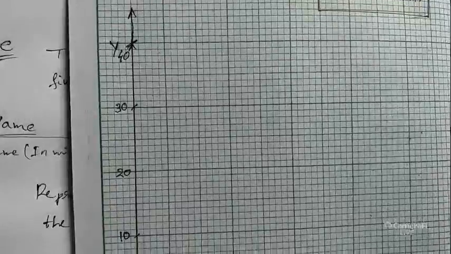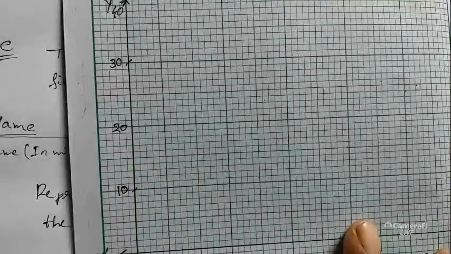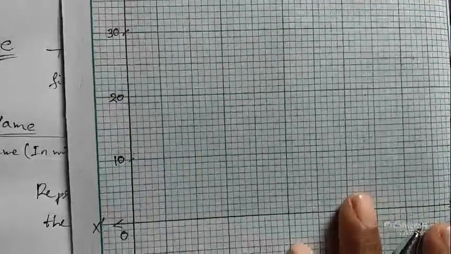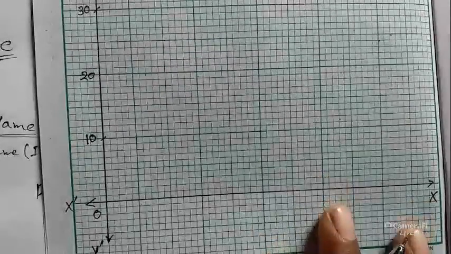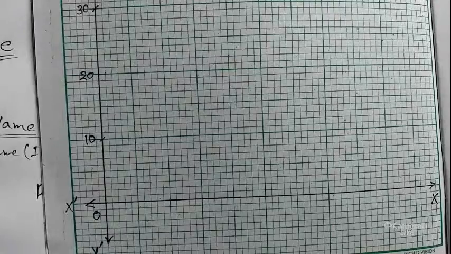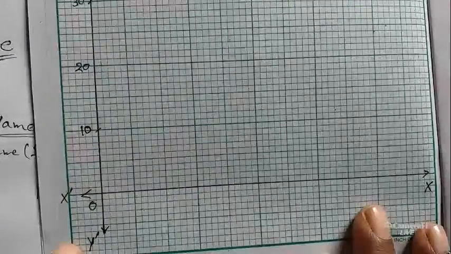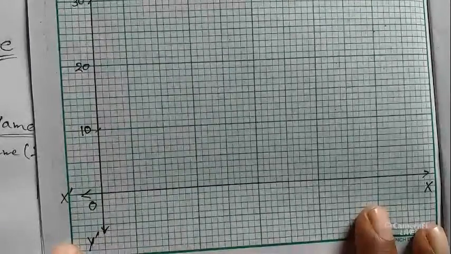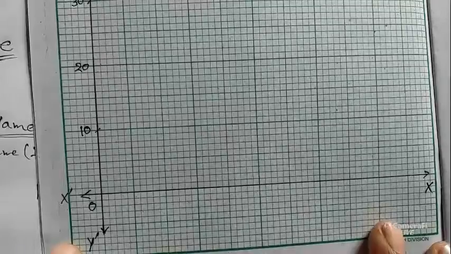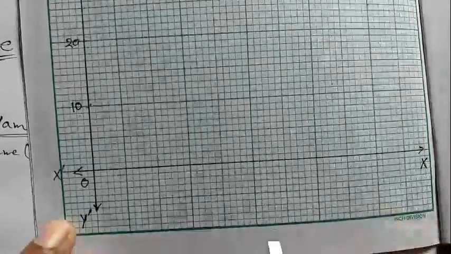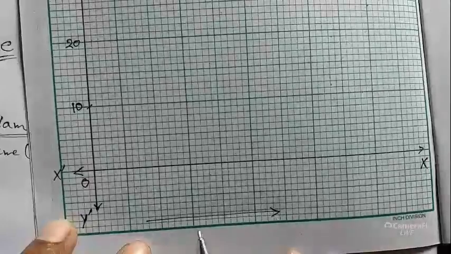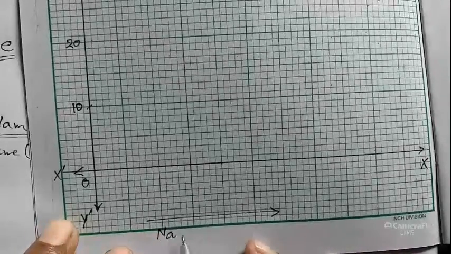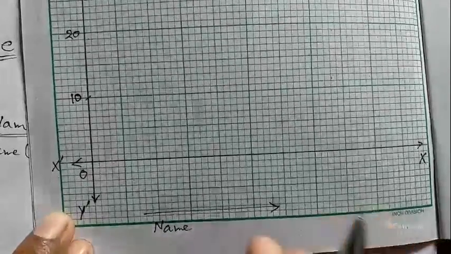Okay, so these are the marks on the y-axis, 10, 20, 30, 40, and along the x-axis there will be no marks, only the names of the students will be there on the x-axis.